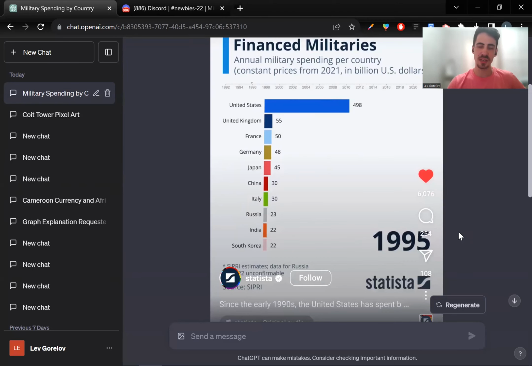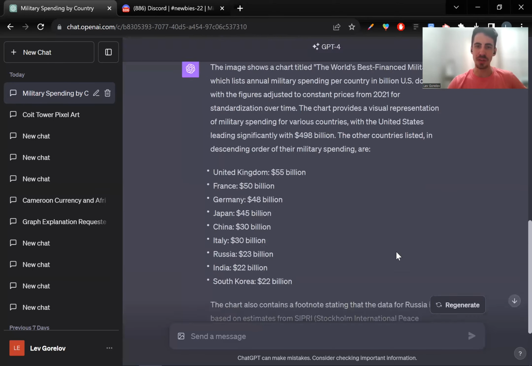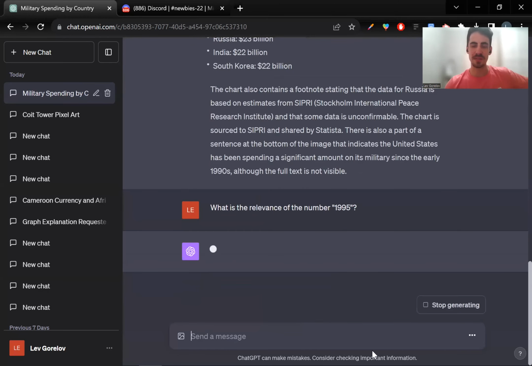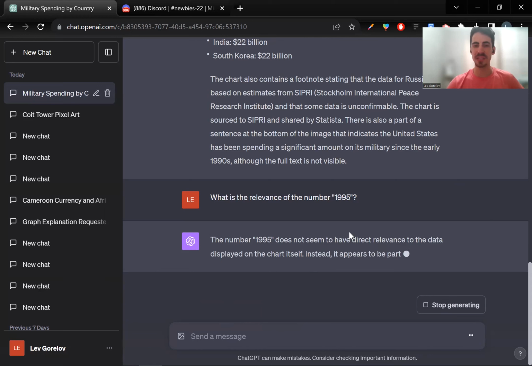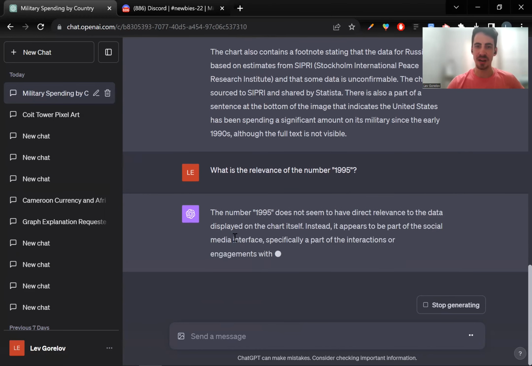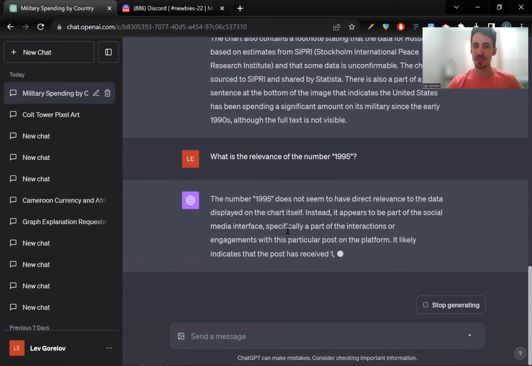Kind of just glosses over it. And when I ask what is the relevance of the number 1995, let's see what it says. So it basically tells me I don't know what that 95 means. It appears to be part of a social media interface.